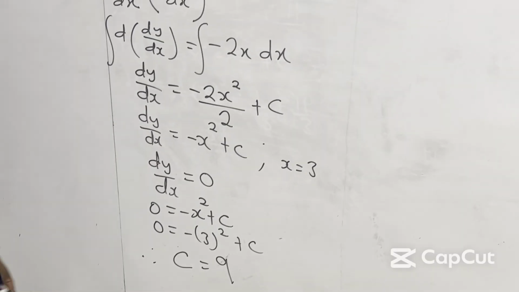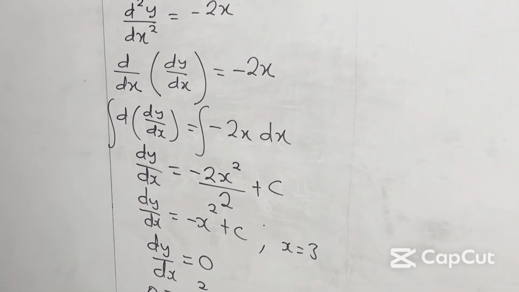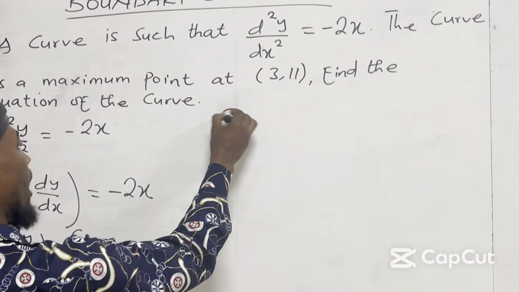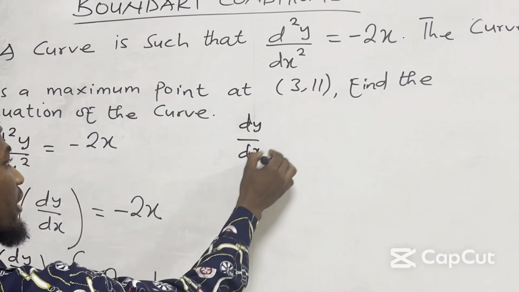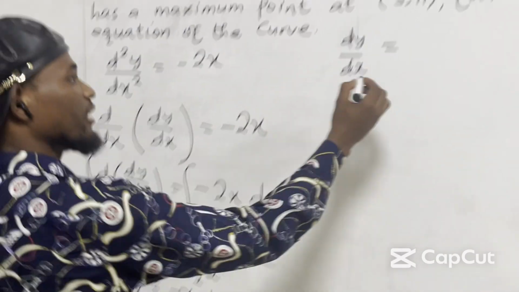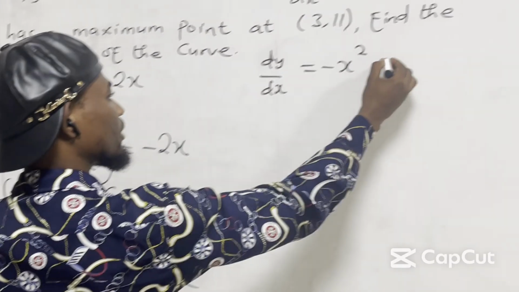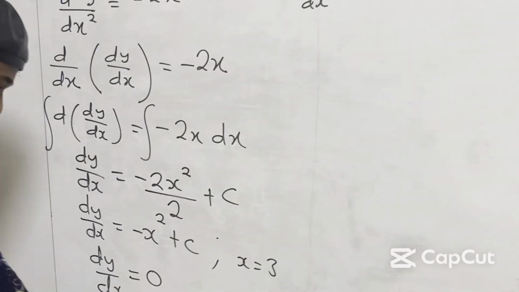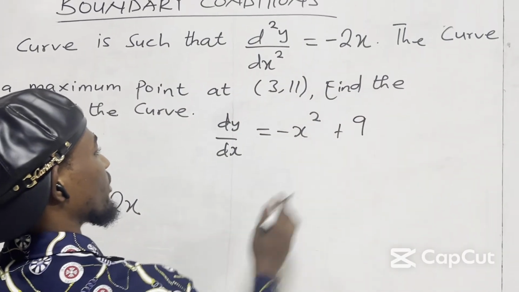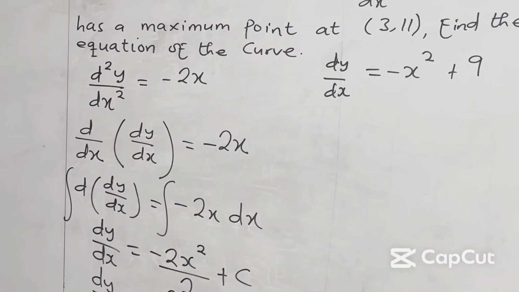So you put 9 into dy over dx. Therefore, I have dy over dx is equal to negative x squared plus the constant of integration, which is our 9. As simple as that. Alright, good.